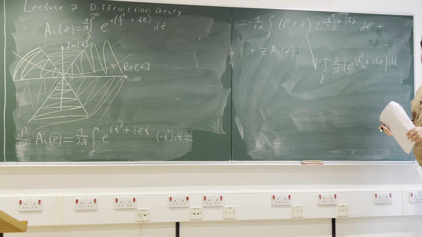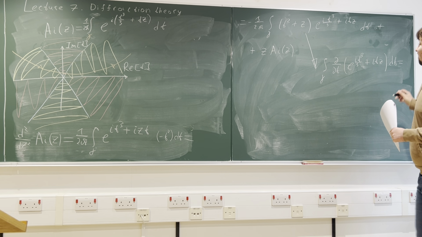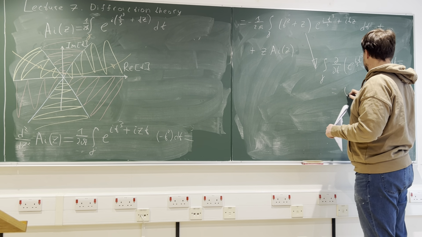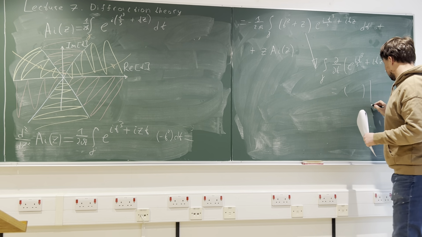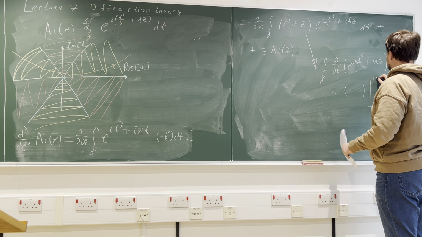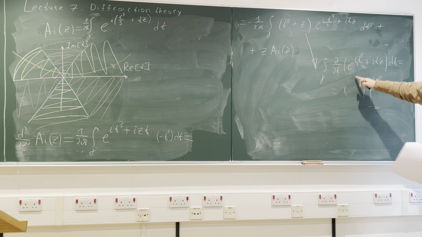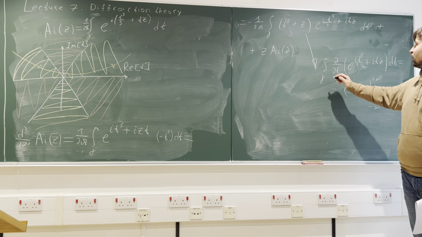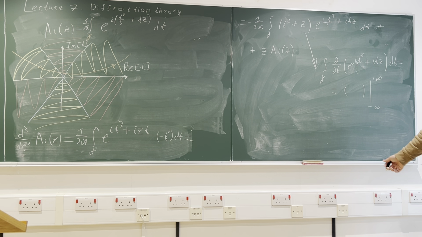Okay, we have a full differential and I can write it like, this thing evaluated at some rotated minus infinity and plus infinity, where this thing is a decaying exponential. So this part will be 0. Of course, this is not the right thing to say. I should consider a limit, but this limit will be 0.